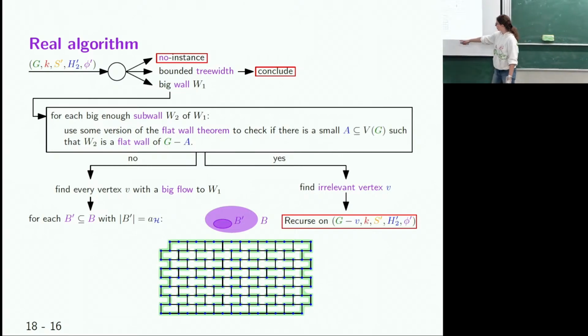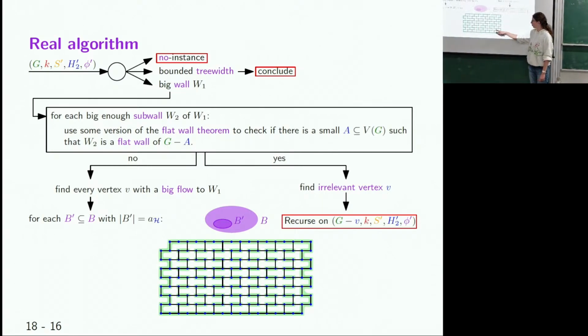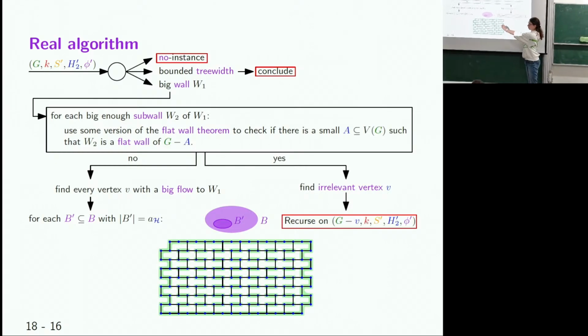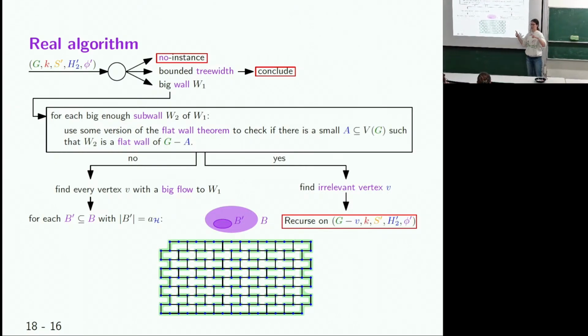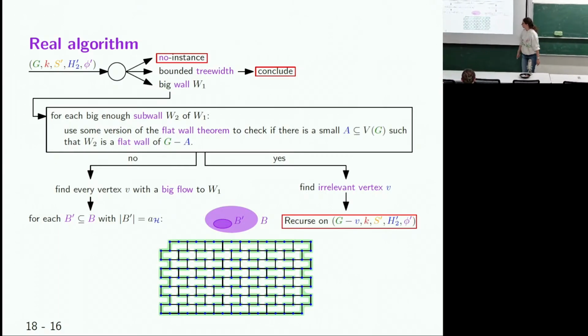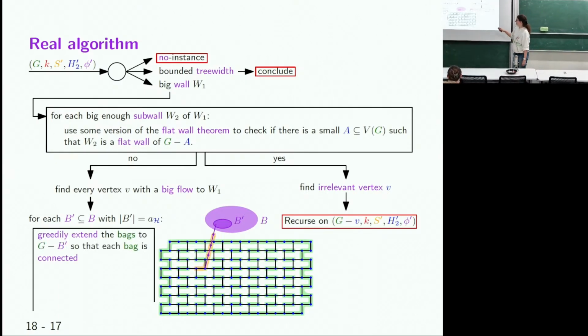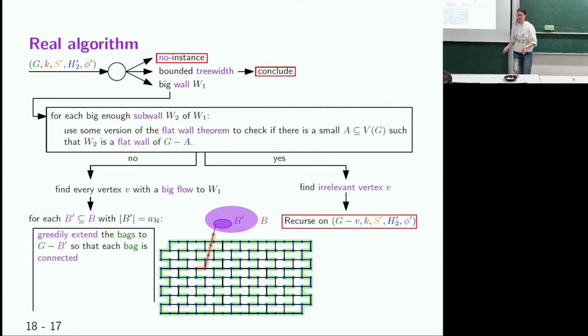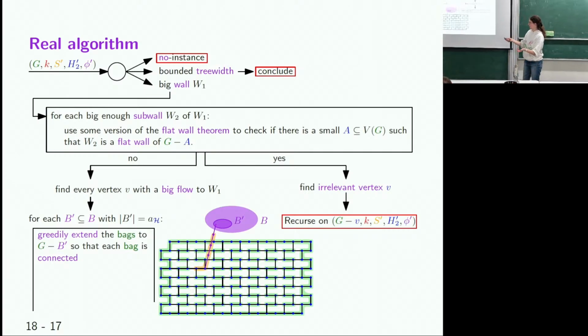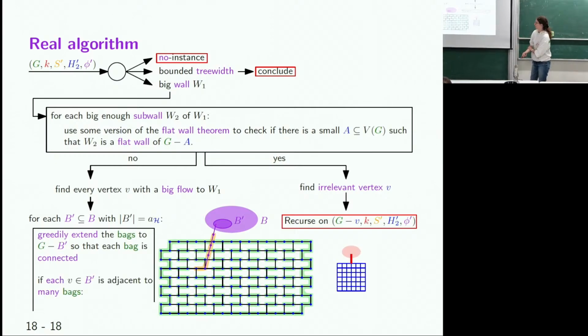Here you see that I made some green bags, so that if you contract the green bags, essentially you have a grid. So I will just greedily extend: as long as there is a vertex that is not in a bag and that is adjacent to the bag, I add it to this bag. I do this for all vertices of G minus B'.